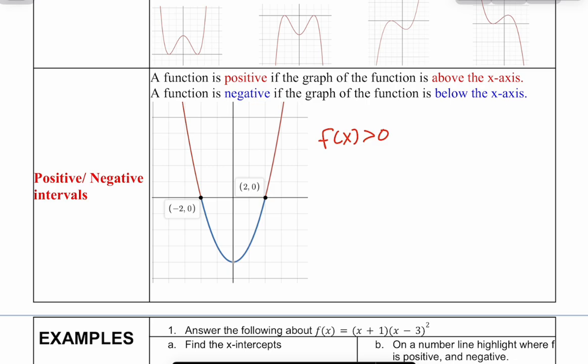Now, let's think about what x values where that happens. That section of the graph and that section of the graph. So how do we put that? Well, when x goes from negative infinity up to, but not including negative 2, it's positive. And also when x goes from 2 to infinity. So those are the x values that will give me a height that's positive.